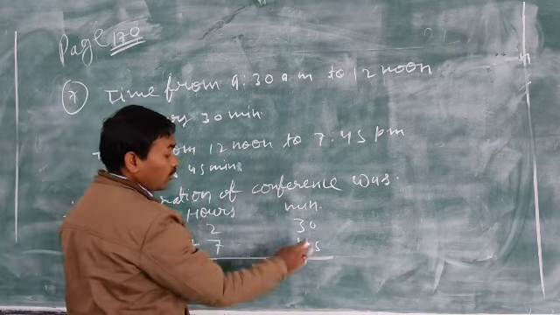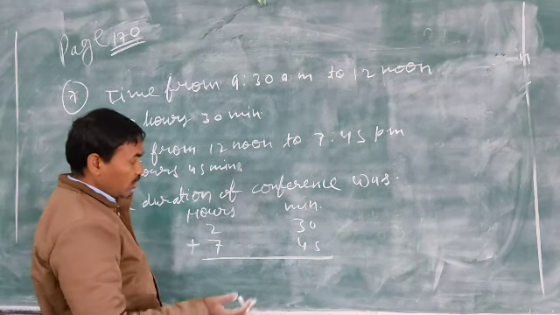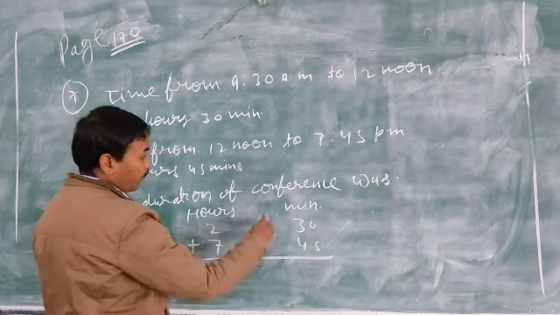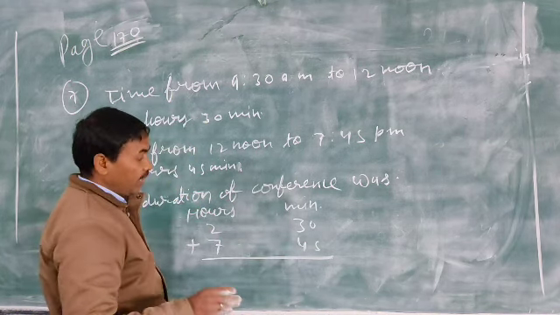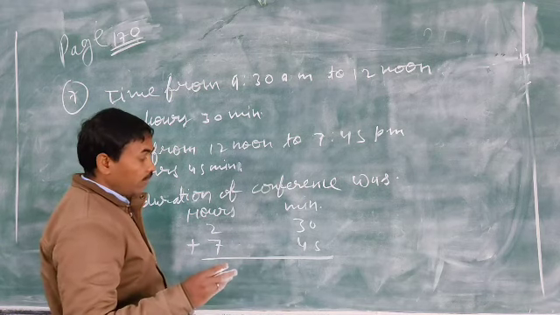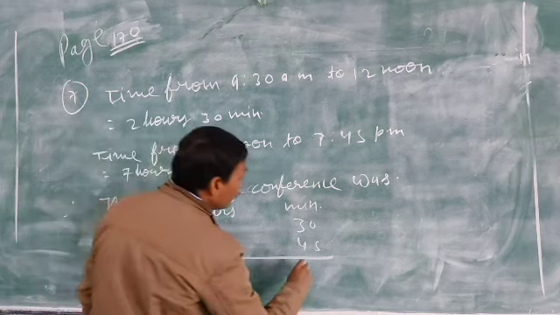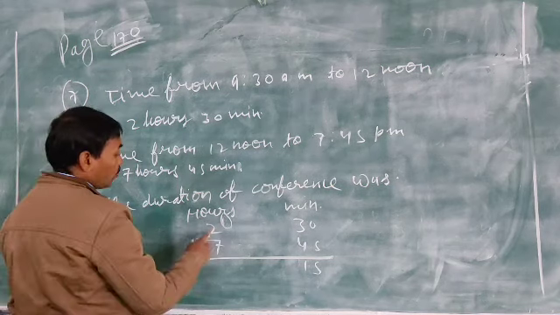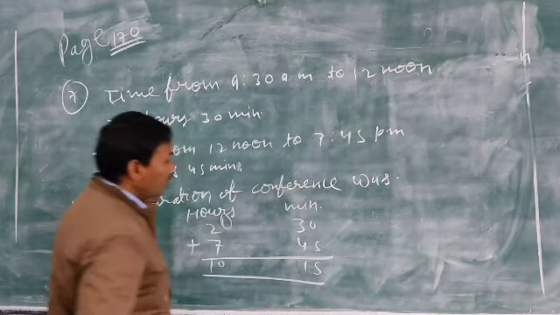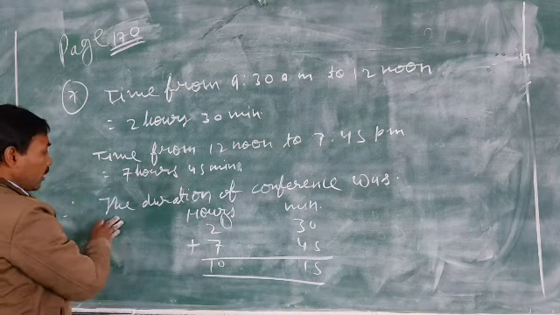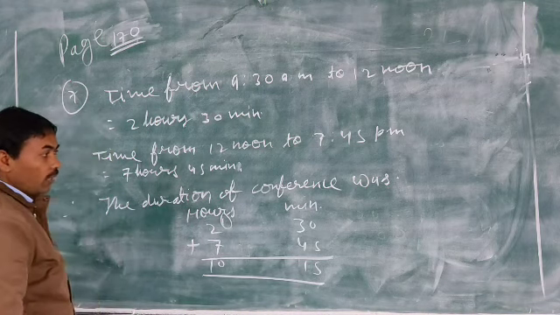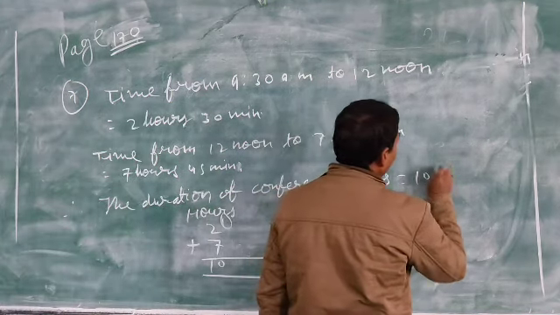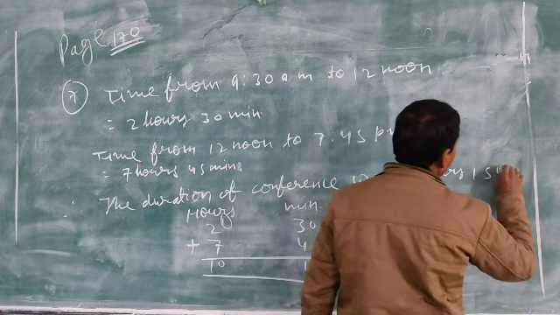We will add the minute column. If it is coming more than 60 or 60, it will convert into hours. If you add 30 and 45, it will come 75 minutes. And you know 75 minutes will make 1 hour 15 minutes. So we will write here only 15 minutes and carry 1 hour into our column. So this will be 10 hours 15 minutes. That is, the duration of the conference was 10 hours 15 minutes. You can write here 10 hours and 15 minutes.